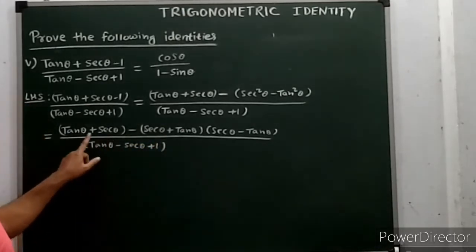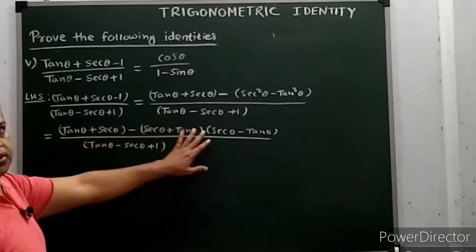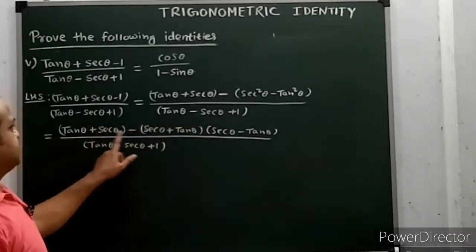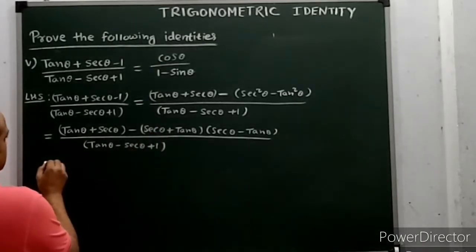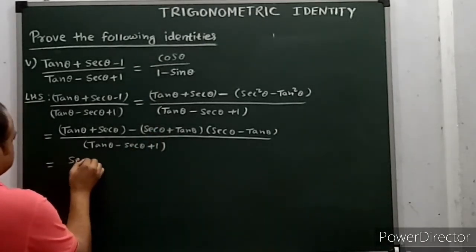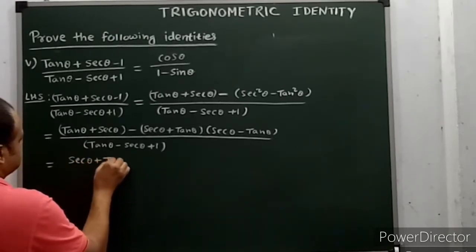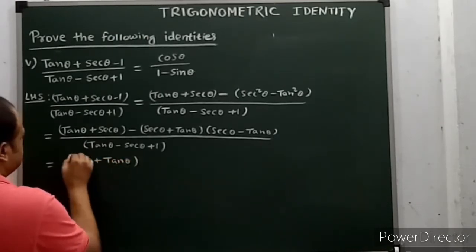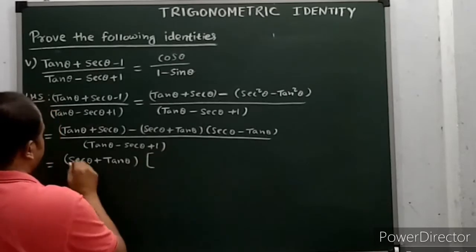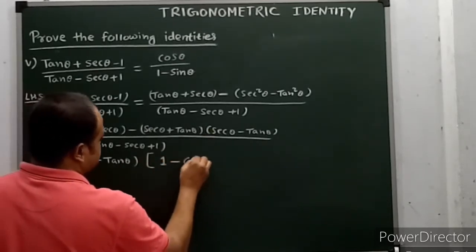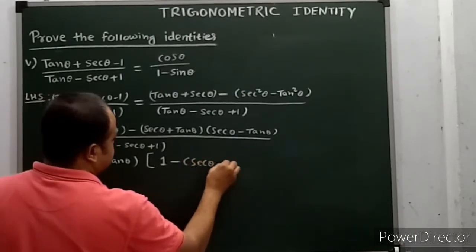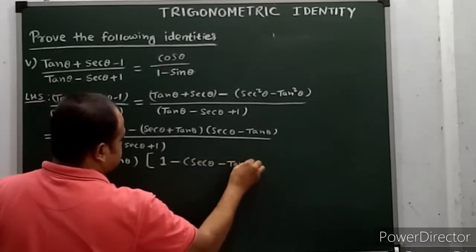Now see here we get common sec theta plus tan theta. There are two pairs and out of two pairs we get sec theta plus tan theta common. So we will be taking the common. So we get sec theta plus tan theta common. Ultimately we are left here 1 minus sec theta minus tan theta.